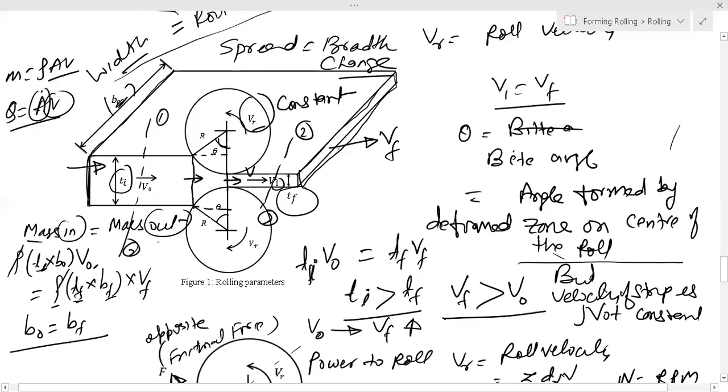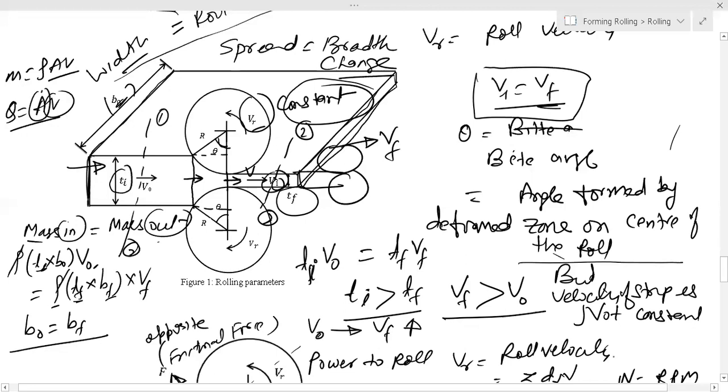Suppose another rolling machine is there. So this V1 is the velocity after one pass. But if there is only one pass, then V1 is equal to V final. So what we have observed here is that velocity changes, velocity increases, velocity of the strip is not constant, but roll velocity is constant.